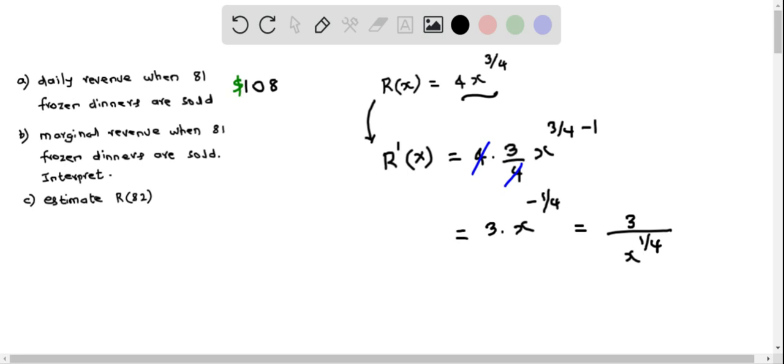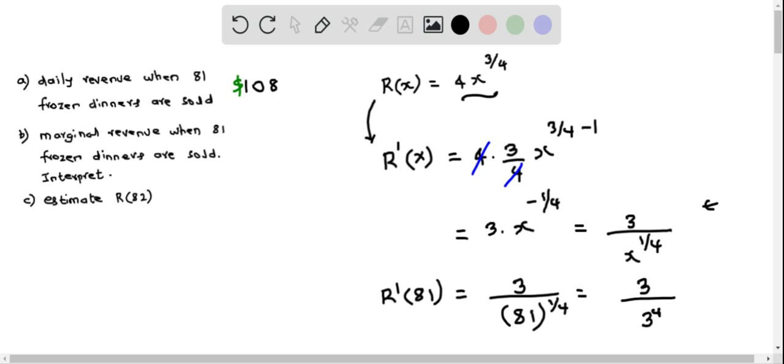Now we have to find the marginal revenue when 81 frozen dinners are sold. So basically we have to find R prime of 81, which means we substitute x equal to 81 into this equation. So therefore this becomes 3 over 81 raised to the power of 1/4. And once again we can write 81 as 3 raised to the power of 4, raised to the power of 1/4.